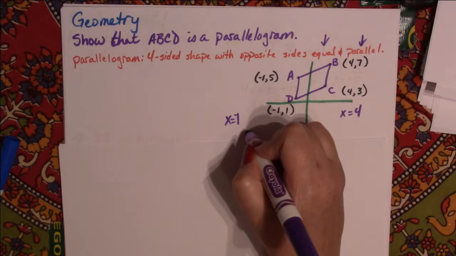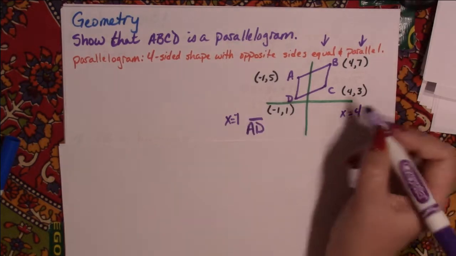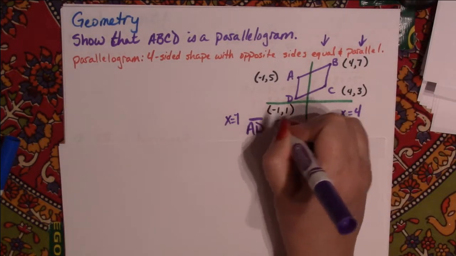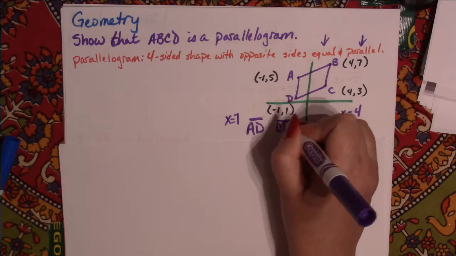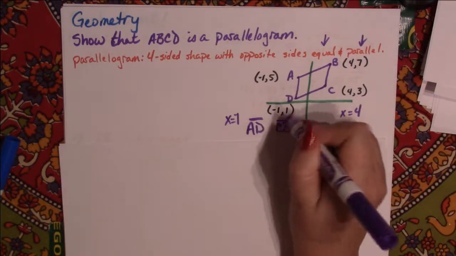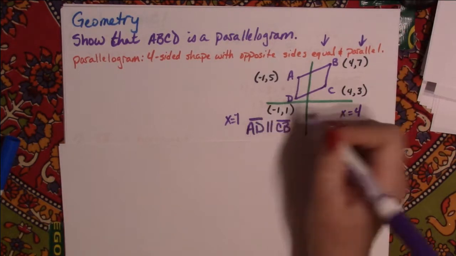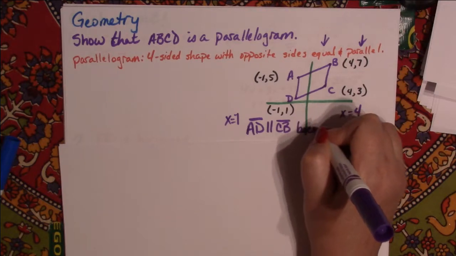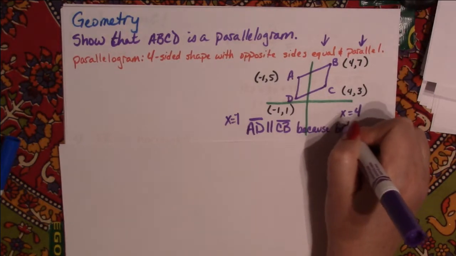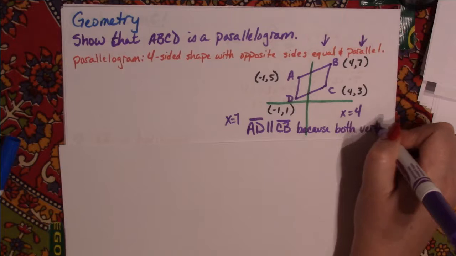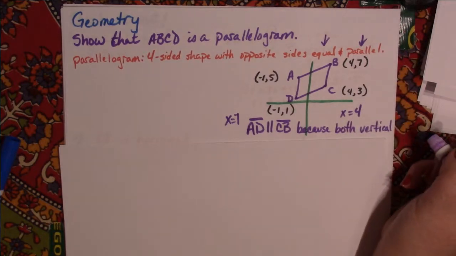Because line AD and line BC are both vertical, these are parallel to each other. And that's just a reason. You can write that. That's fine.